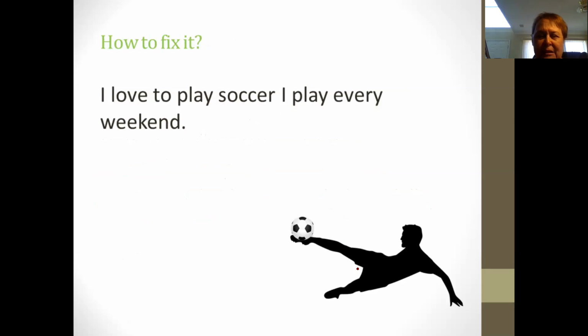And I have an example that we're going to work with for a little bit now. I like to play soccer. I play every weekend. Okay, notice, let's take a look at that for a second. Can you see the independent clauses in there? I'll give you a moment to look. You see that the first one is, I love to play soccer.